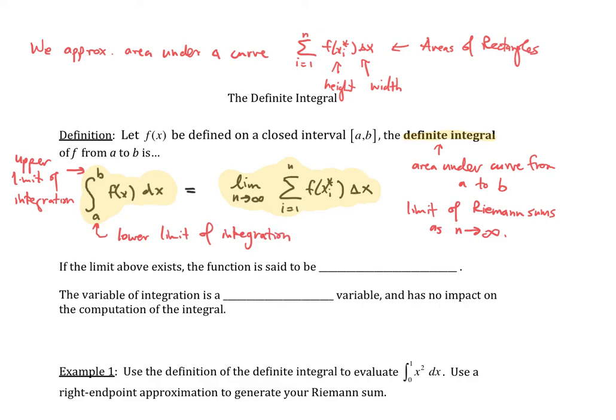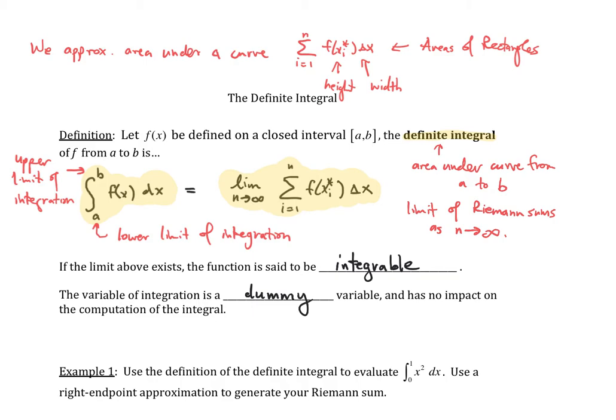Now, if this limit exists, the function is said to be integrable. All right? And the variable of integration is known as a dummy variable. And it has no impact on the computation of the integral.